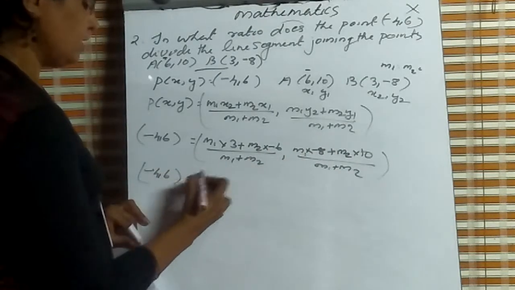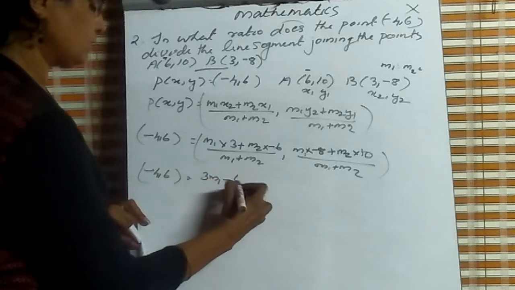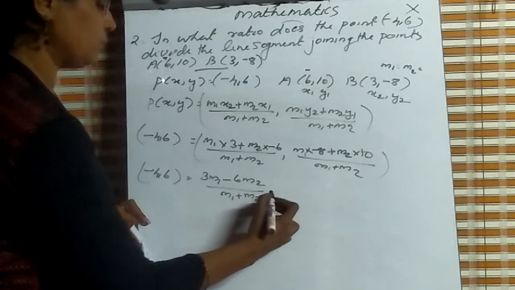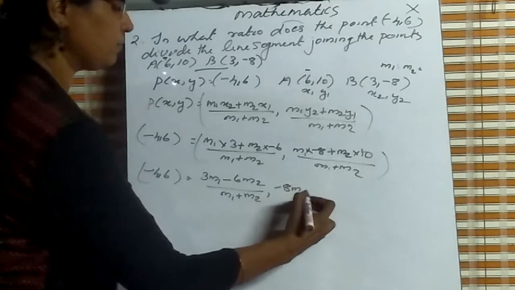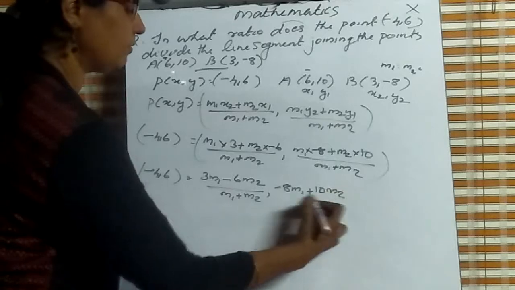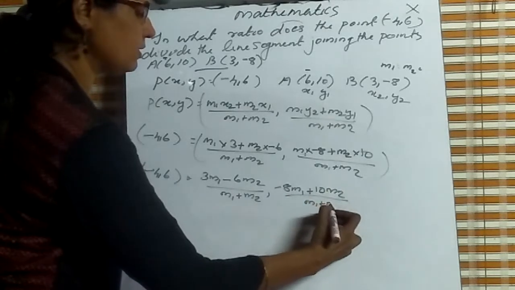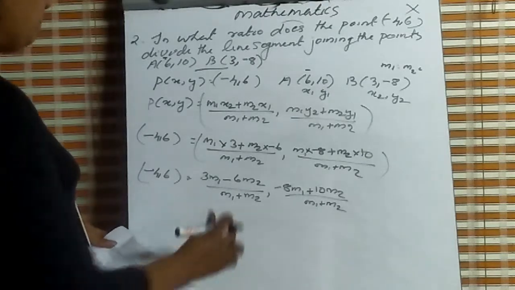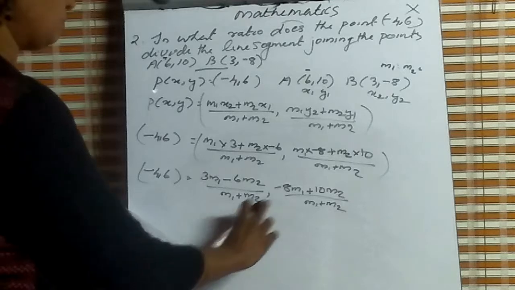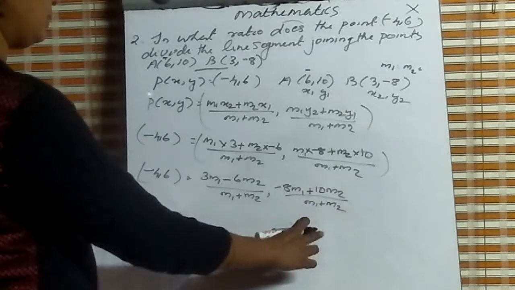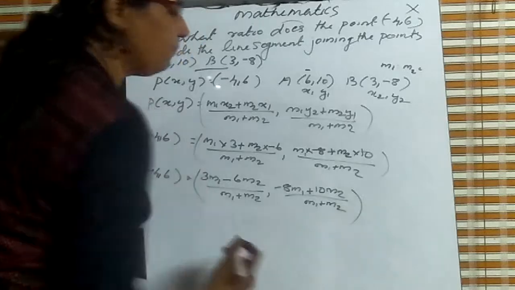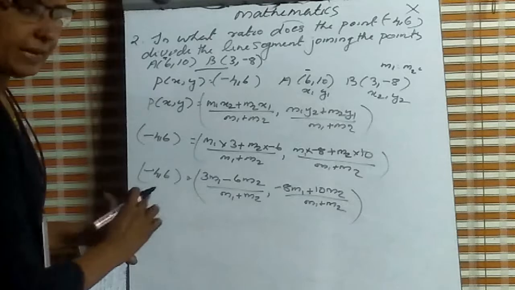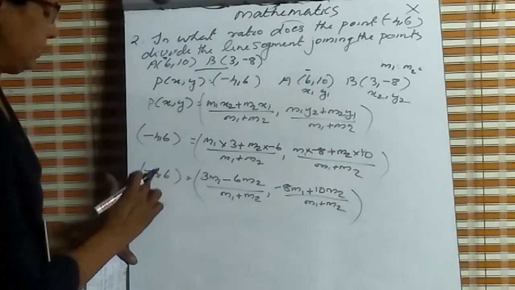So minus 4, 6 is equal to (3 m1 minus 6 m2) by (m1 plus m2), (minus 8 m1 plus 10 m2) by (m1 plus m2). We have to find m1 is to m2. We take either the x coordinate and equate, or take the y coordinate and equate.